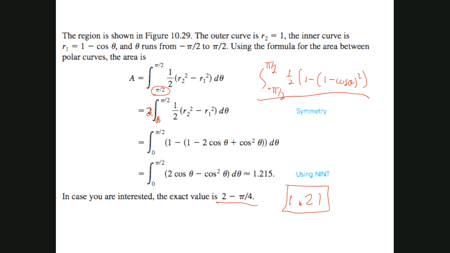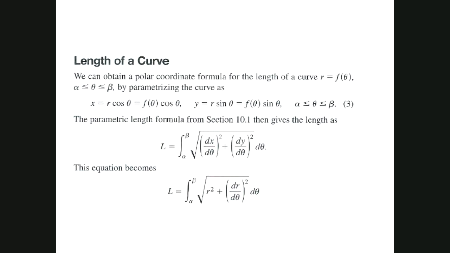Come on. All right. So that's basically all you're doing with polar coordinates. The last thing, obviously, we're going to have to do is the length of a curve also. So the length of a polar coordinate curve, all of these formulas are super close to all of the other ones, right?